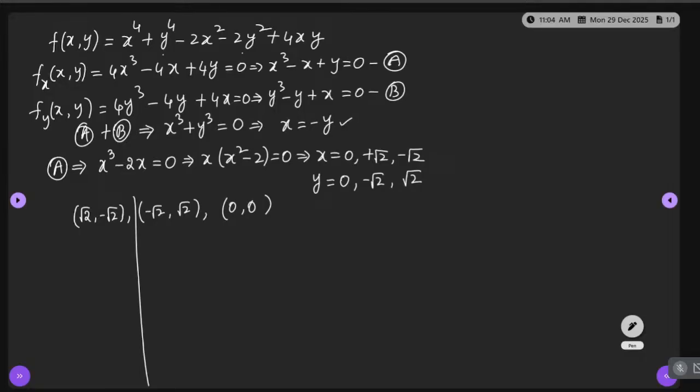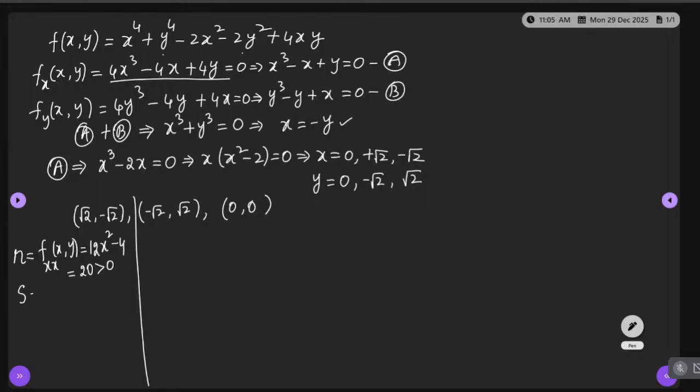These are stationary points. At this, find r, fxx of xy. Do the differentiation of this with respect to x: 12x square minus 4. When x equals root 2, 12 into 2 minus 4 is 20, positive.